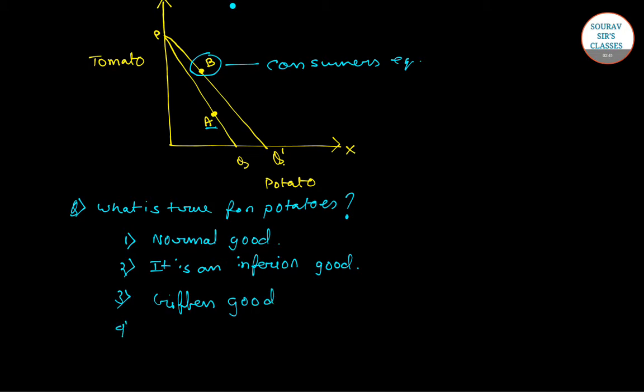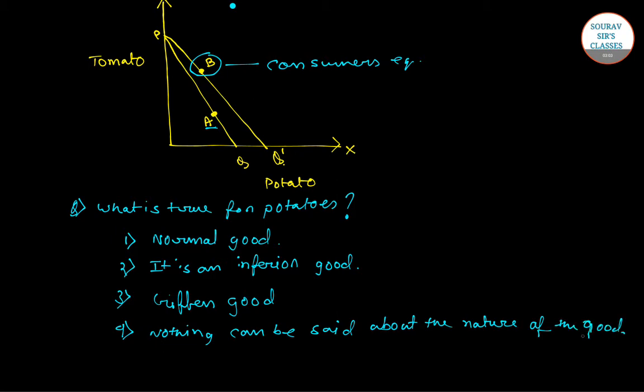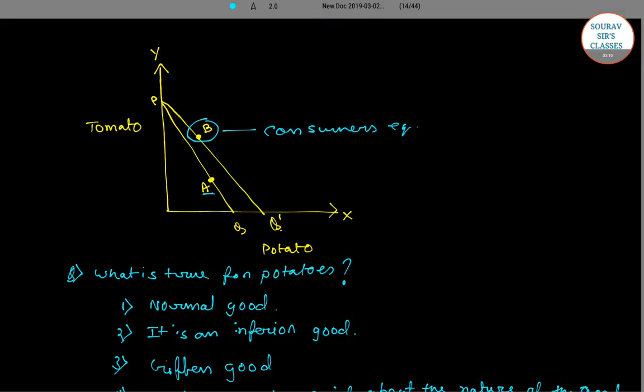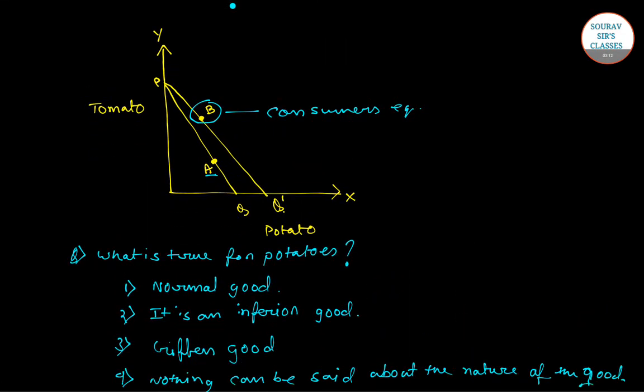And option 4 is that nothing can be said about the nature of the good. So we have these 4 options. Now we'll simply have to answer this question. I'll answer it here on the right hand side.